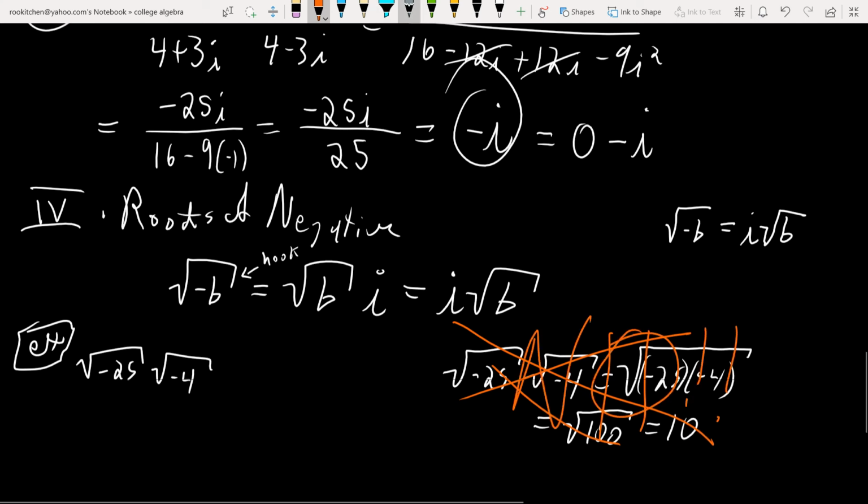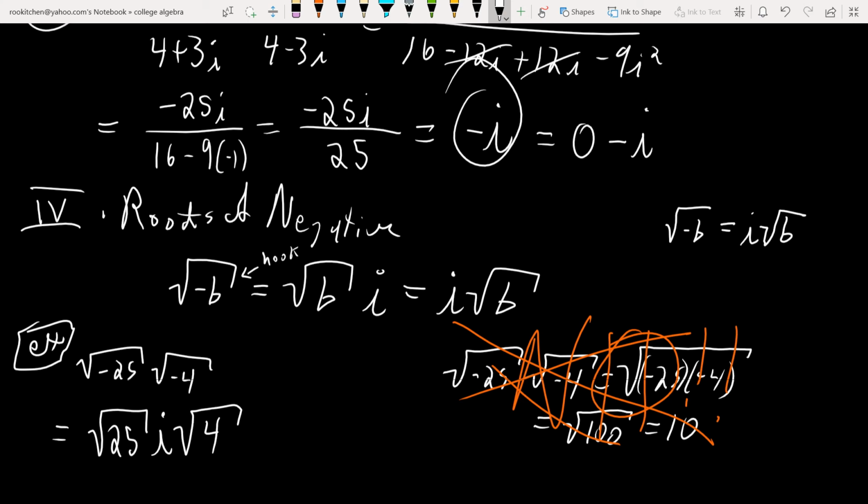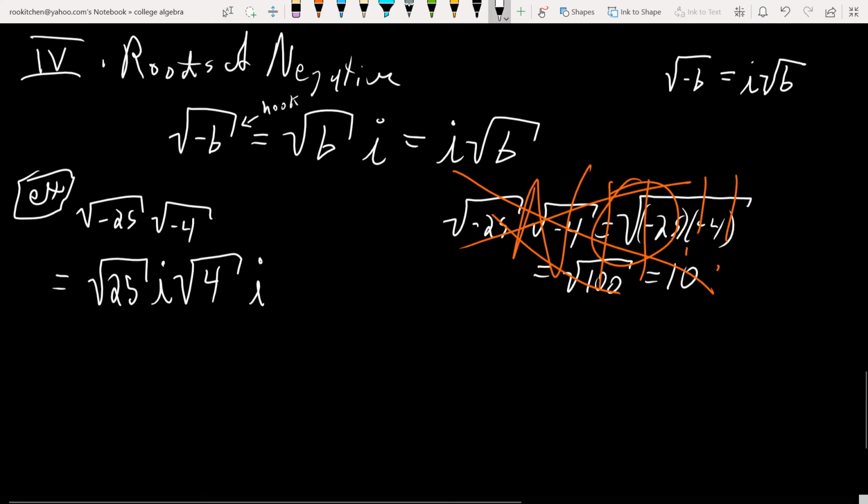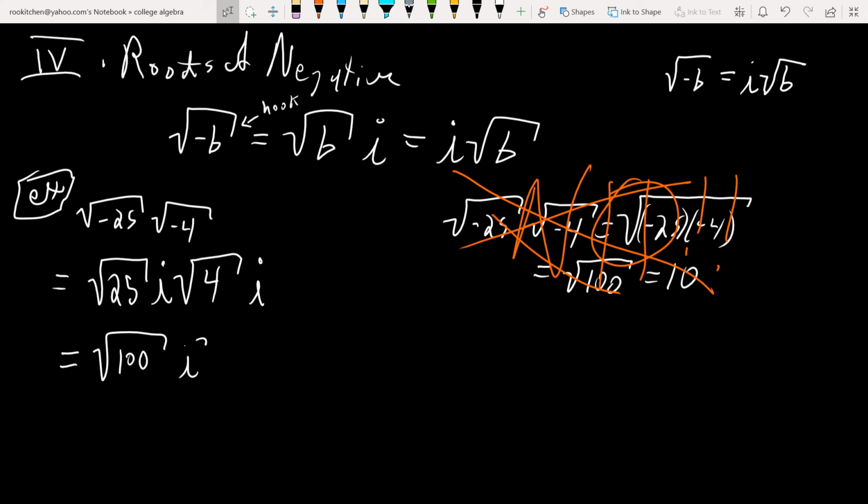So what do I do instead? As soon as you get this situation, get rid of the i's. In other words, push the i out of the radical. You can rewrite this as square root 25 i, and then square root 4 i, and then you can multiply stuff together. Square root 25 times square root 4 is the square root of 100, and then I have i squared.